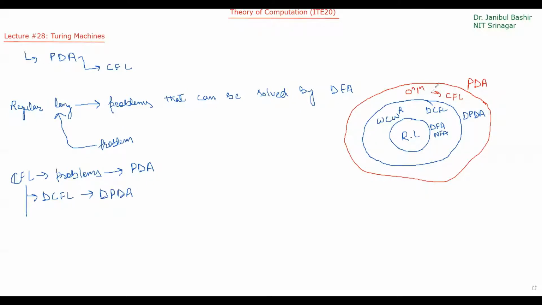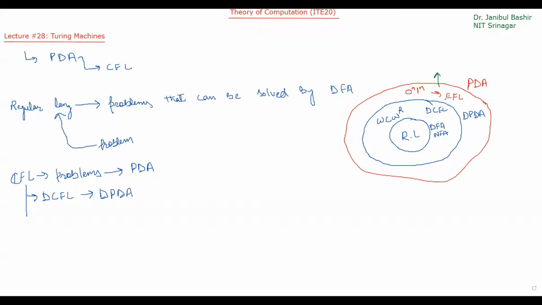Now there is a question: is there any language that is outside the domain of context-free languages? Have we come across a language that cannot be solved by a pushdown automata? And we have come across one such problem.